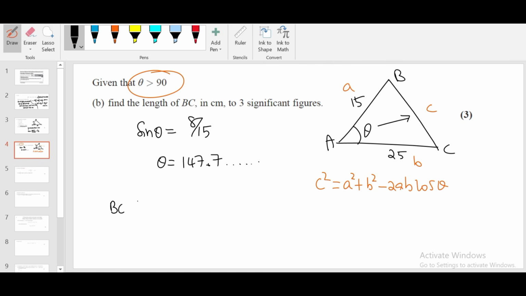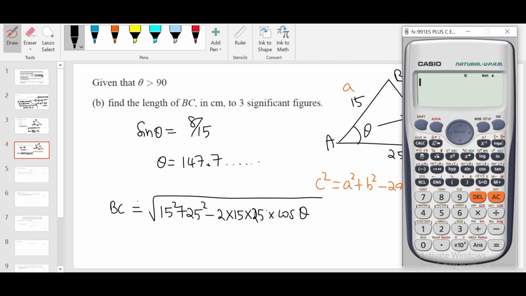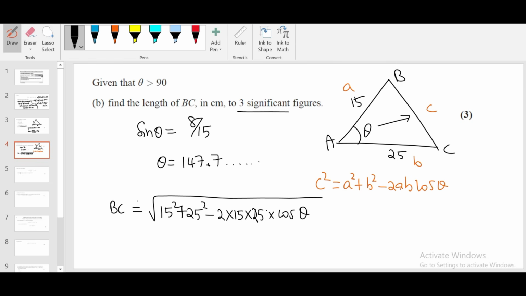So BC is equal to the square root of a square plus b square minus 2ab cos theta, with theta stored as A. They want the answer to three significant figures.